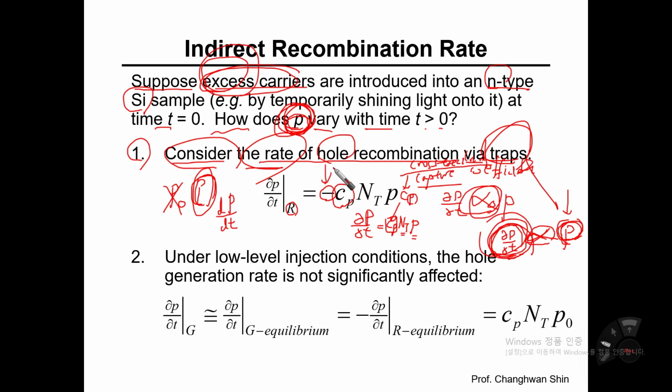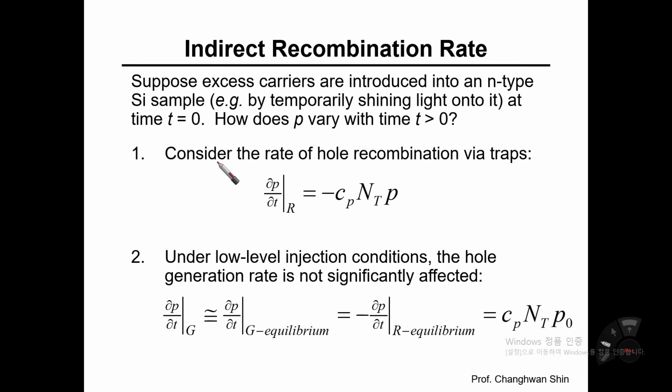So minus is necessary. Okay, we are almost done. In step 1, the rate of hole recombination through the traps, the recombination-generation centers in silicon material, can be mathematically written as follows. Now let's move on to the next step.